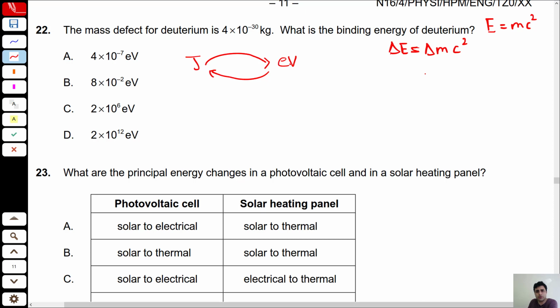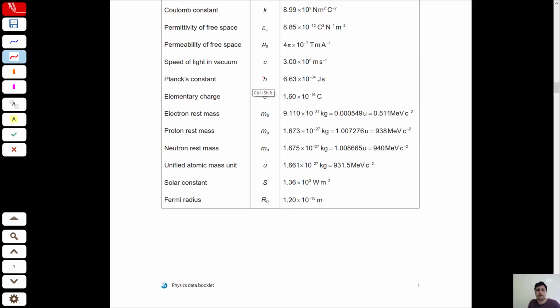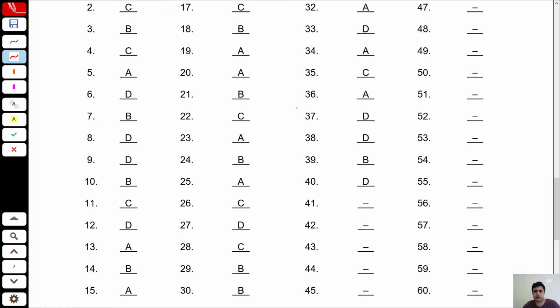So if you want to convert electron volts into joules, you just need to multiply by 1.6 times 10 to the power negative 19. And if you want to convert from joules to electron volts, then you just need to divide by 1.6 times 10 to the power negative 19. This 1.6 times 10 to the power negative 19 is the elementary charge. It's given in the data booklet.